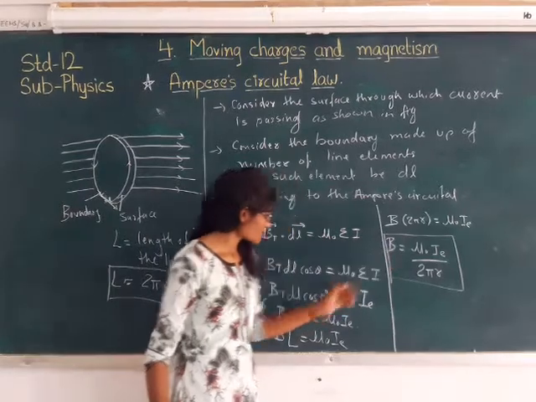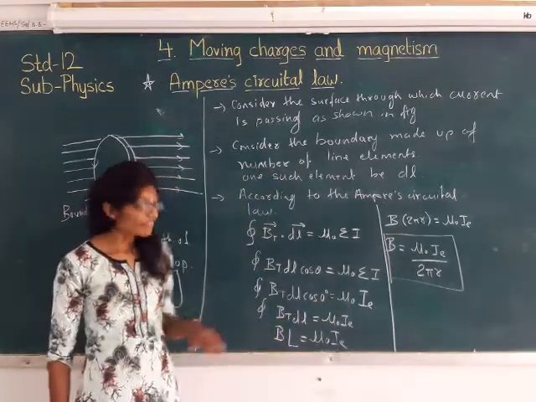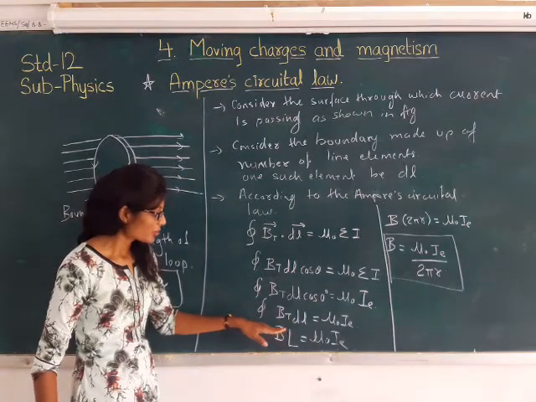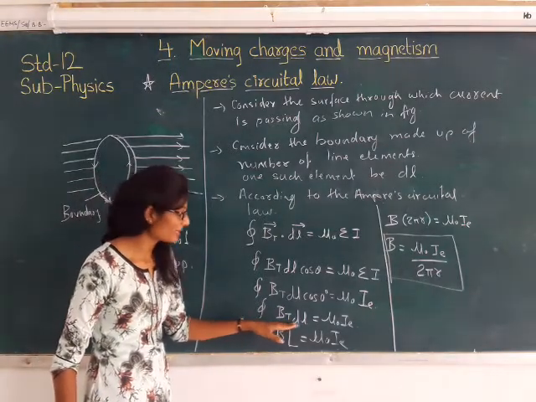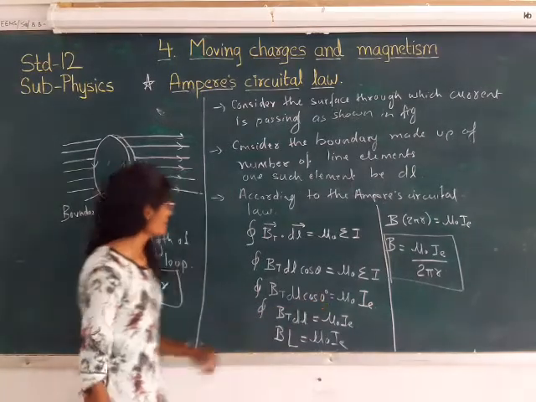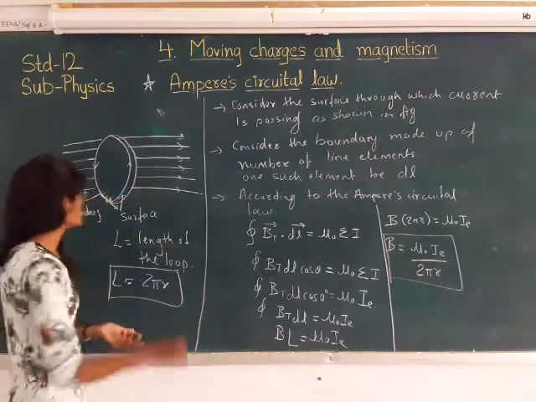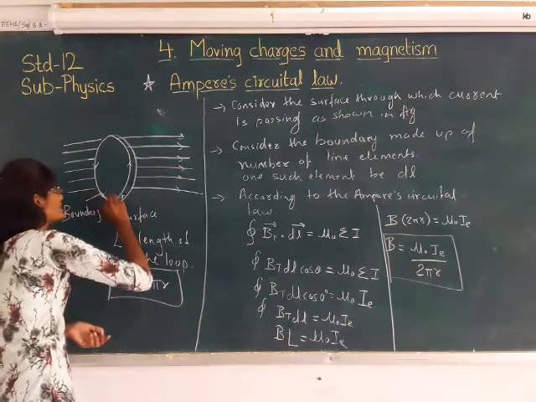Now see, over here, as I said, we are going to consider the tangential component. Why are we considering the tangential component? Because here we will be getting B dot dl, that is B dl cos 0 degree, so we will be getting B dl.